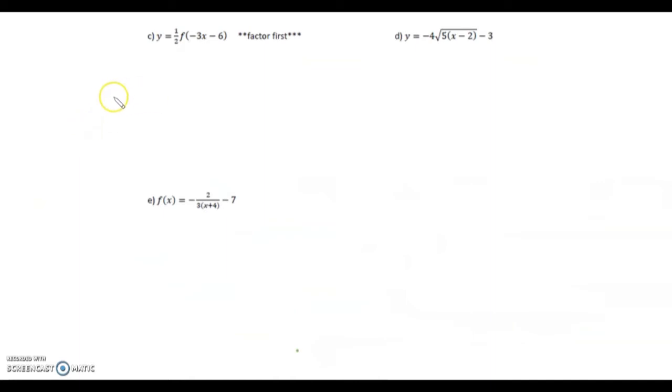Okay, for the c, when we're given a function like this, and this is just the y equals f(x) general function, okay, what we have to do is we have to factor first. So we actually can't list the transformations of this graph until this x is beside the bracket.